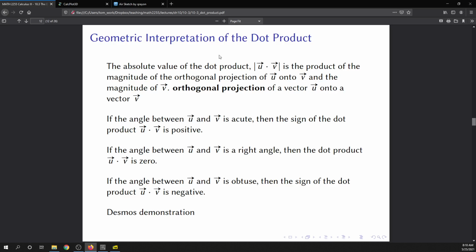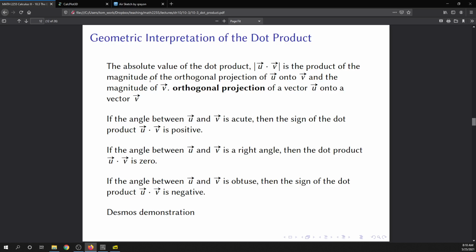All right, so that brings us to the geometric interpretation of the dot product. First off, the magnitude, or the absolute value of the dot product. When I take the dot product of two vectors, the absolute value of it, remember, the dot product is a scalar, so in this case we're just talking about the absolute value.